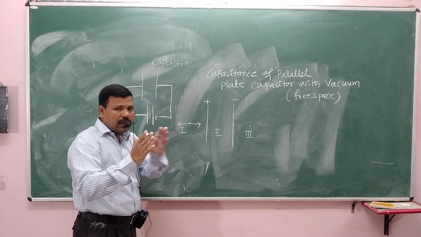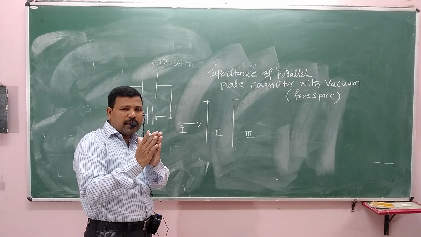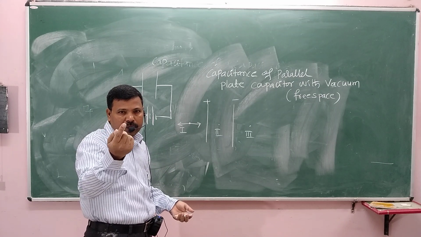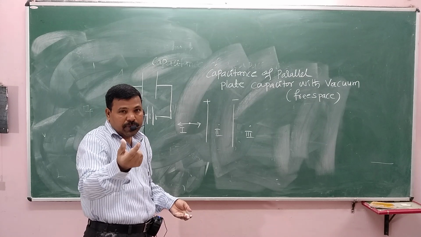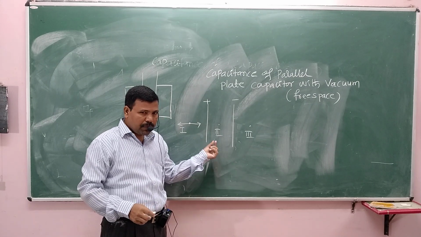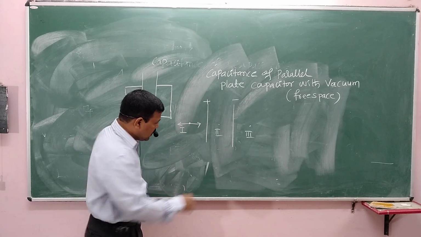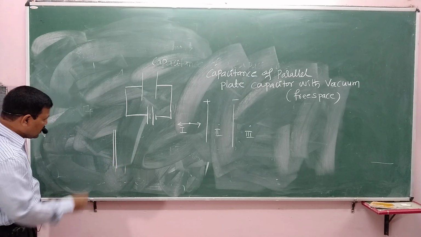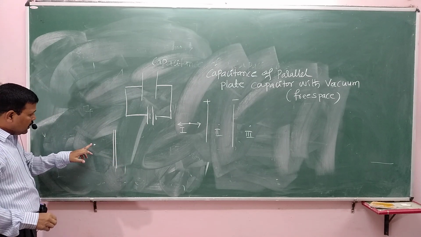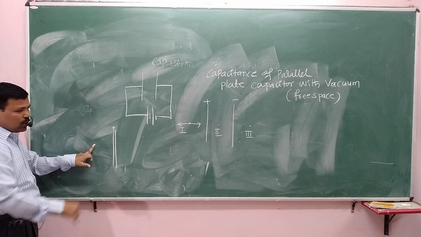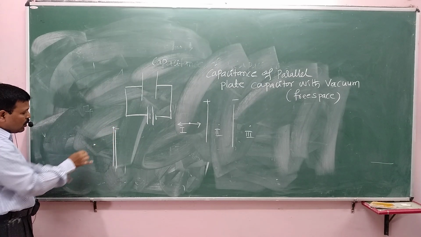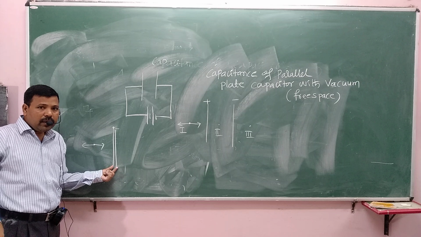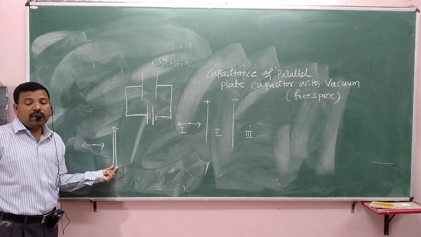Since the distance between the two plates in reality is very, very small, in terms of millimeter, if two plates are separated by 1 millimeter, it appears that electric field at this point, due to positive and due to negative, will be equal and opposite, when the distance between the two plates is very, very small.